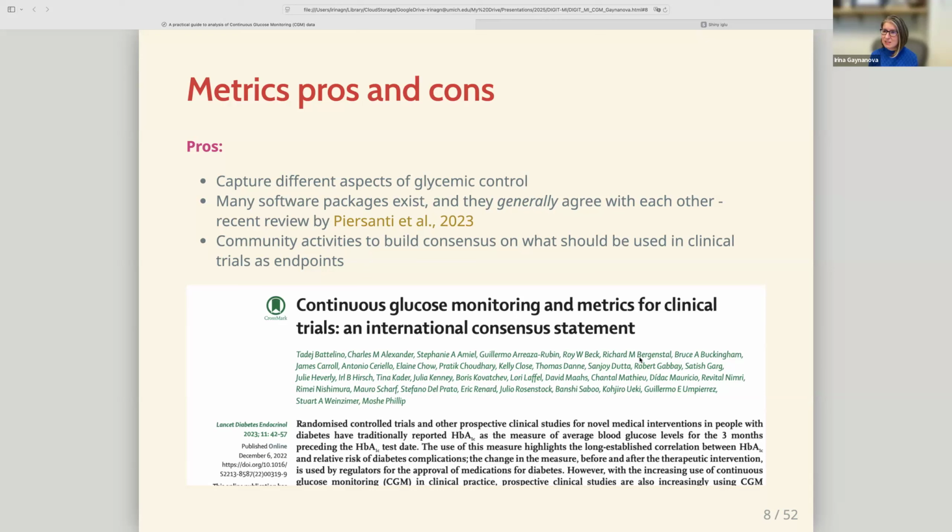And there are community activities within CGM to build consensus, which separates it from, for example, accelerometry and actigraphy, where consensus, as far as I know, is harder to reach. In particular, there are consensus papers regarding CGM metrics that should be used as endpoints for clinical trials.